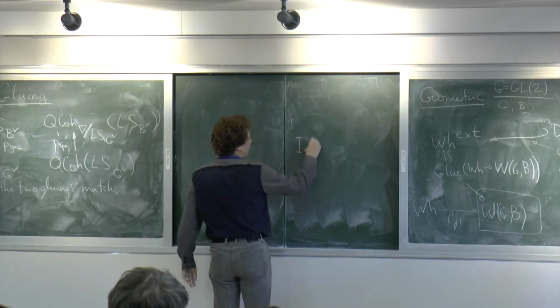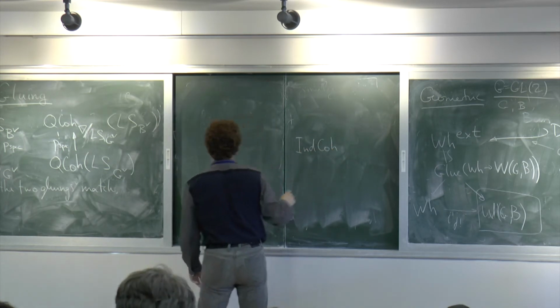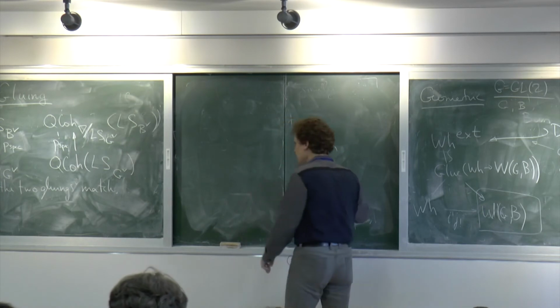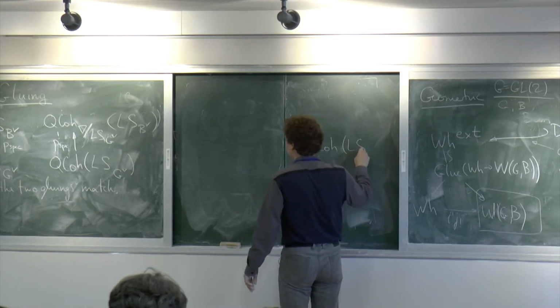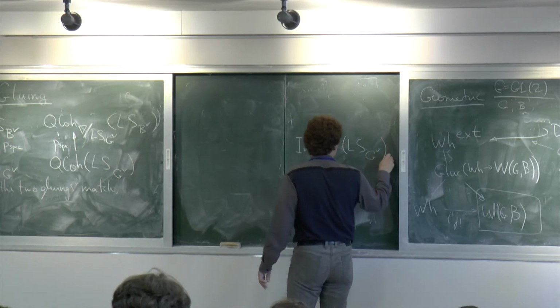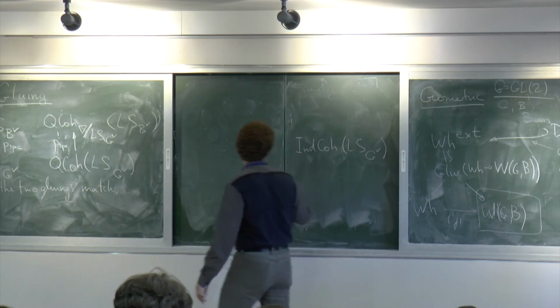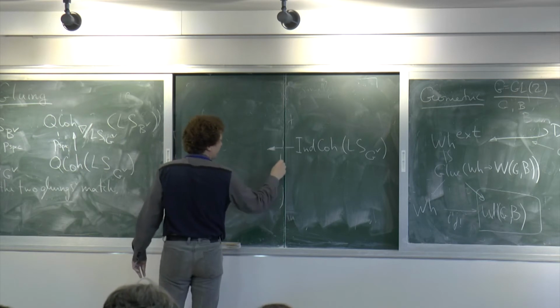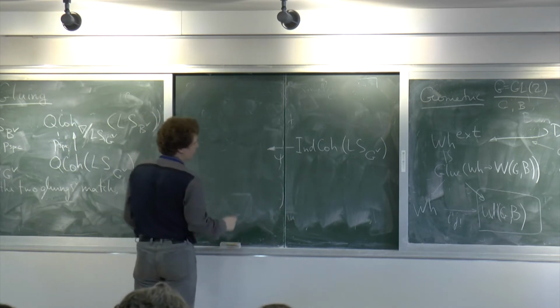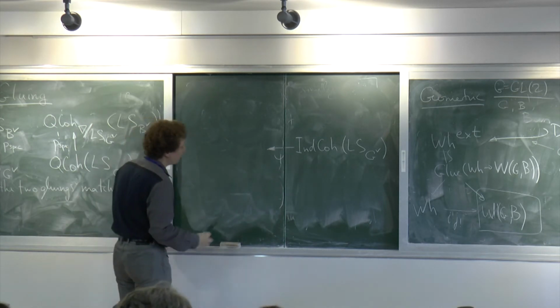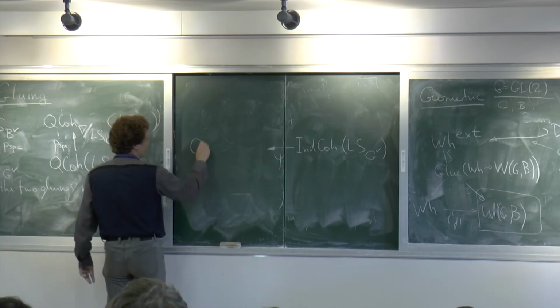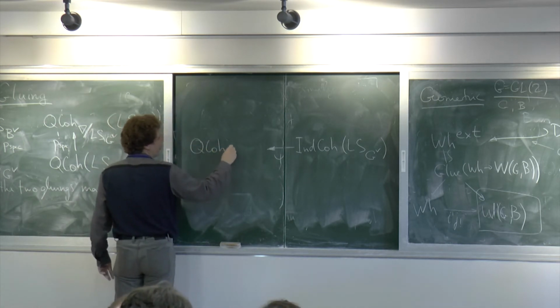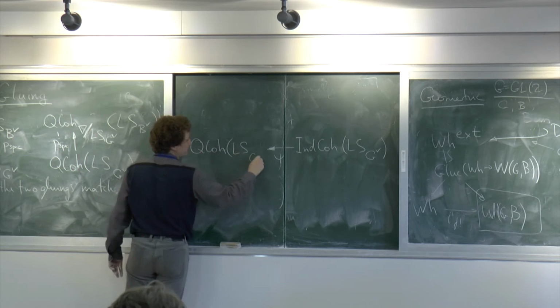That's the category of Ind-Coherent sheaves on local systems of G check, from which there is a colocalization into the category of quasi-coherent sheaves.